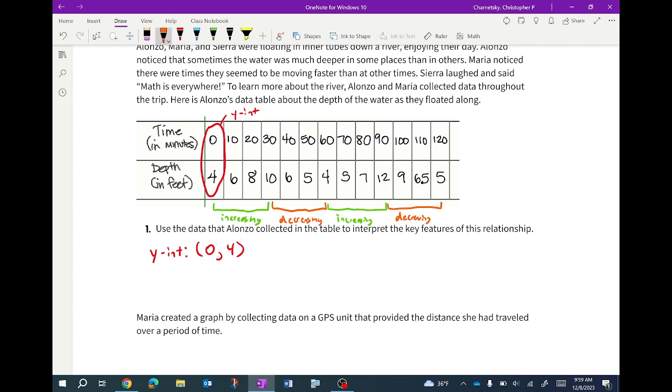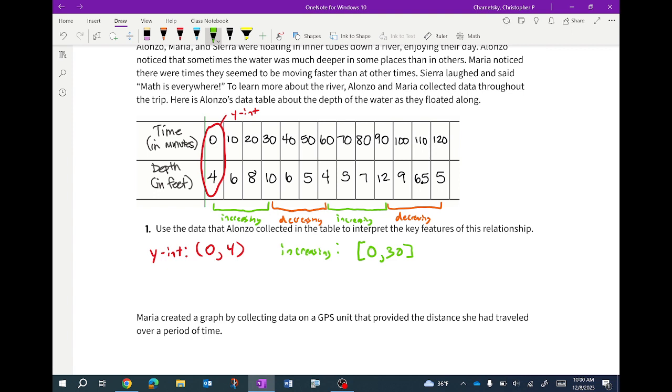So we have intervals of increasing depth and decreasing depth. One of our increasing intervals is between a time of 0 to 30 minutes. That is our first interval of increasing.